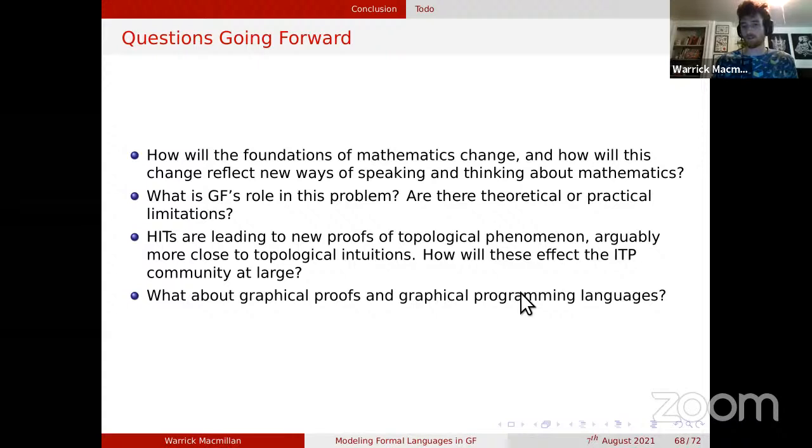And there's also graphical programming languages where you can drag and drop boxes and wires between boxes, and those somehow generate something. So how will that affect the domain of mathematics and doing mathematics with programming languages, opening it up to a general audience, etc.